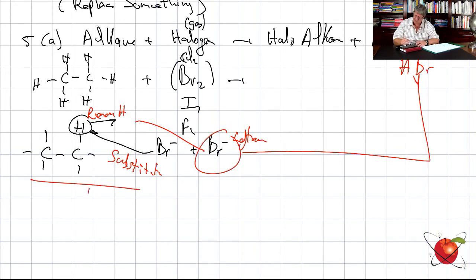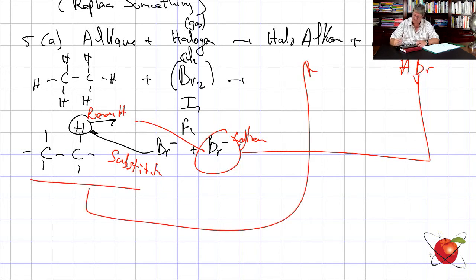And here's my haloalkane. My haloalkane in this case is going to look like this. I've got a C like that, and I put in a Br there.